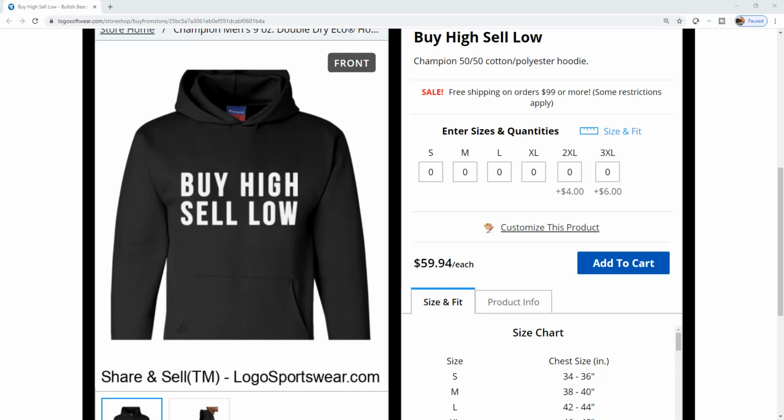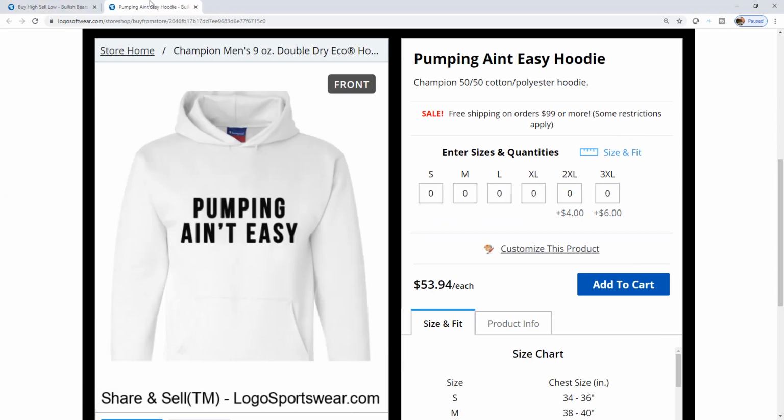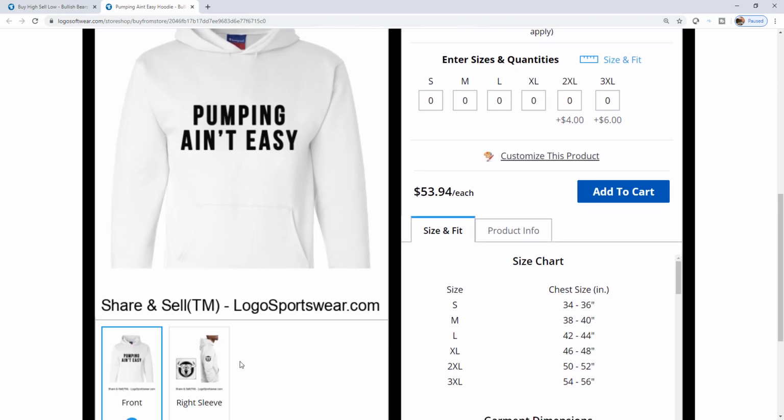That was the first one. I've also got this one right here. Pumping ain't easy, right? I have the logo right here on the arm. So, did you think of making high like a cloudy print?